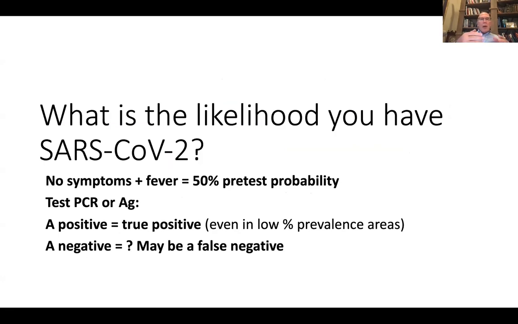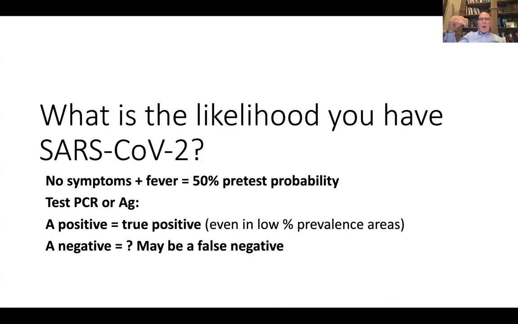What would be the likelihood of you having SARS-CoV-2 if you have no symptoms, but you detect a fever? This would give you a pretest probability going from 8% to 50%. And if you plug that into the pretest probability and you have a sensitivity of 75% and a specificity of 95%, if you have a positive test, it's 99.9% a true positive.